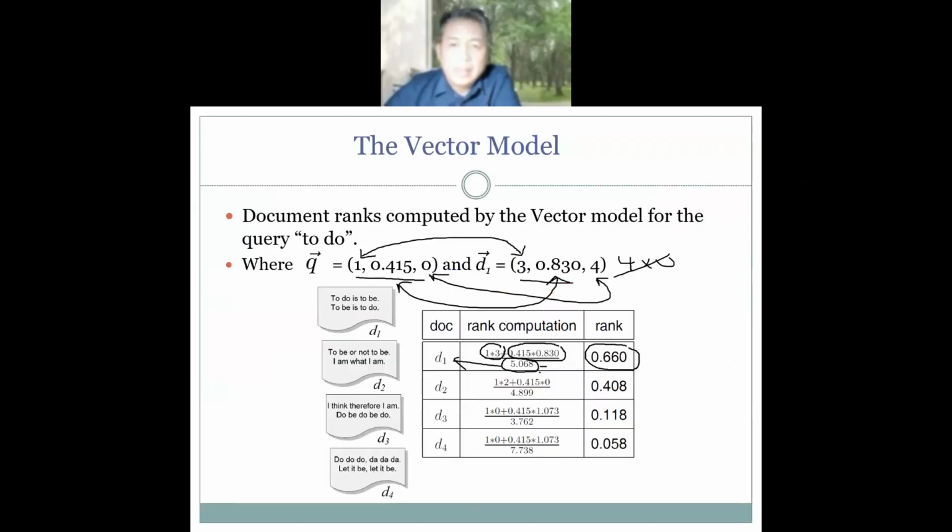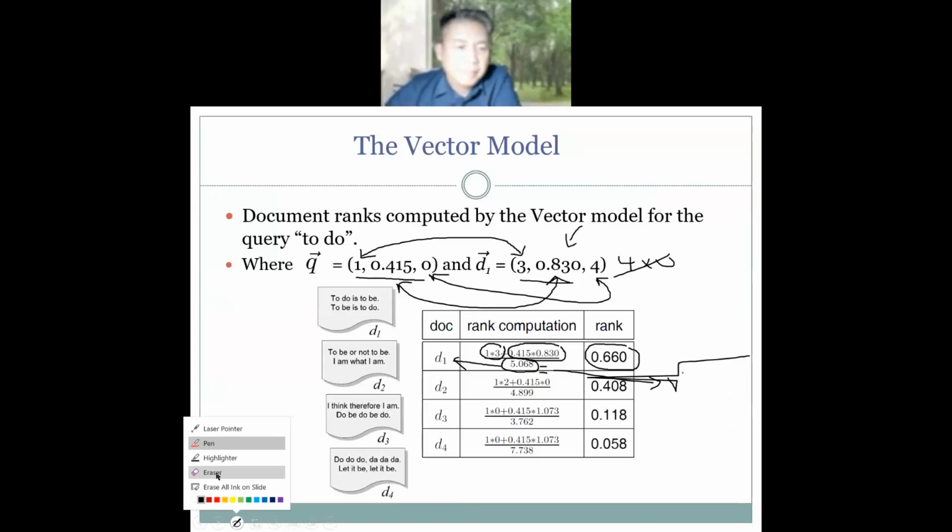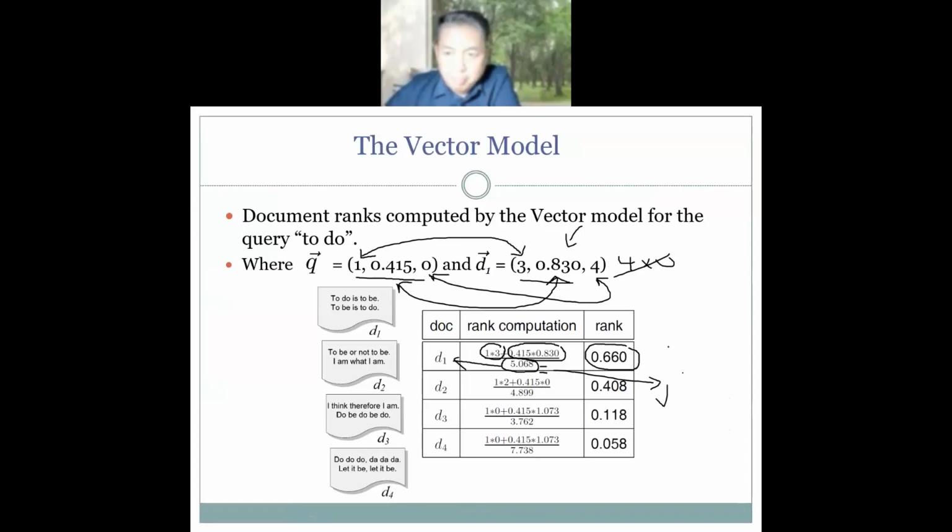Basically, we get this one by taking the square root of 3 squared plus 0.83 squared plus 4 squared. So this is the length of the document. Each one of these refers to the TF-IDF.